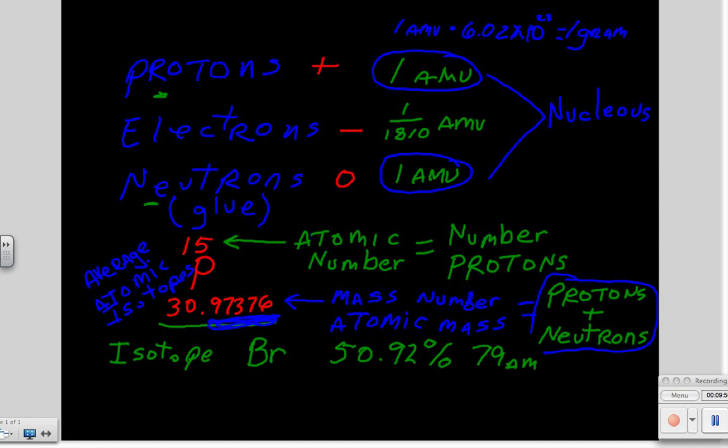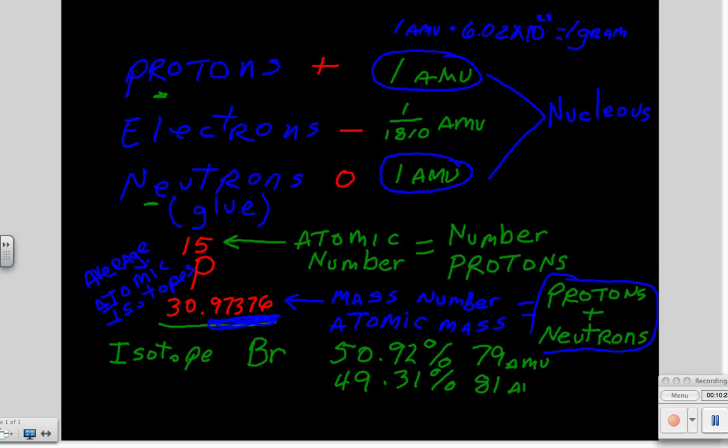Well, that leaves, in the case of bromine, 49.31% that has the atomic mass of 81.